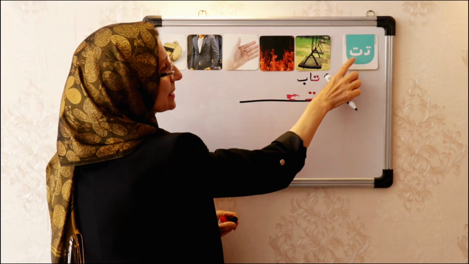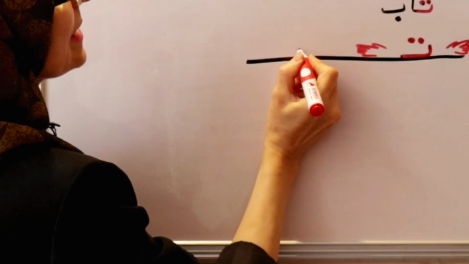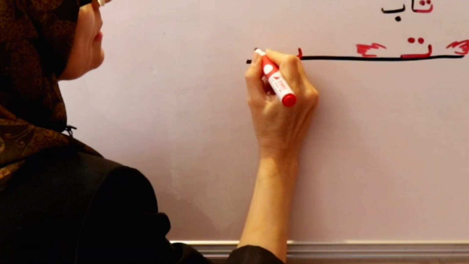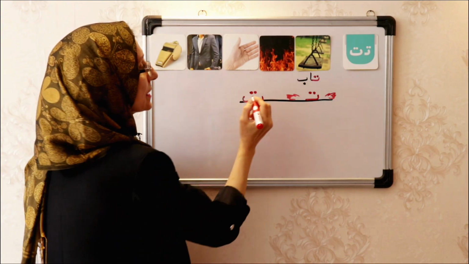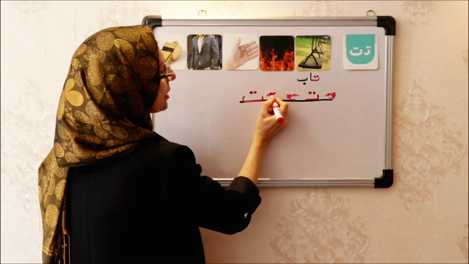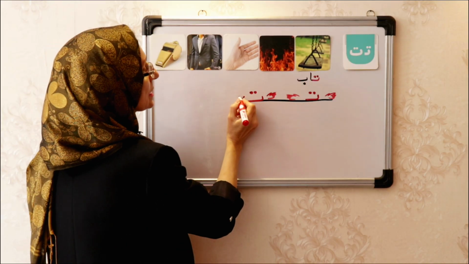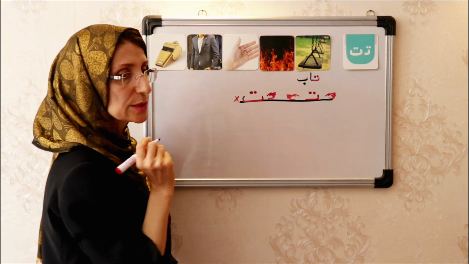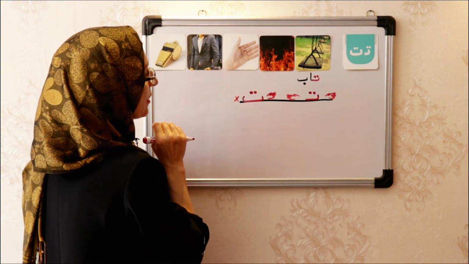And T آخر always comes at the end of the word. Always at the end. It can take the hands of the previous sound, but not the next. That's why we say T آخر.